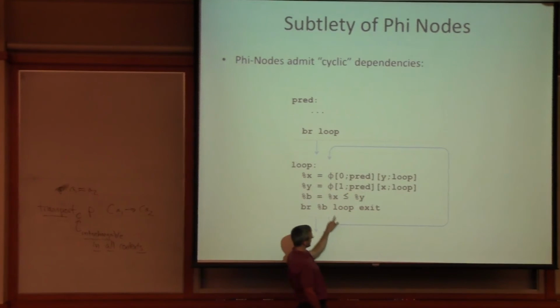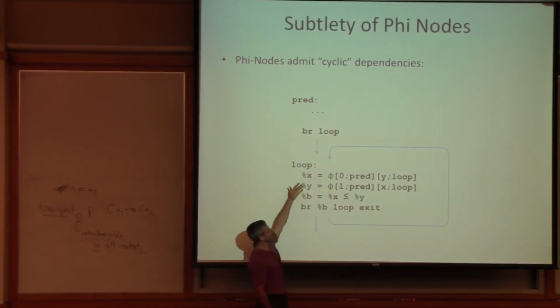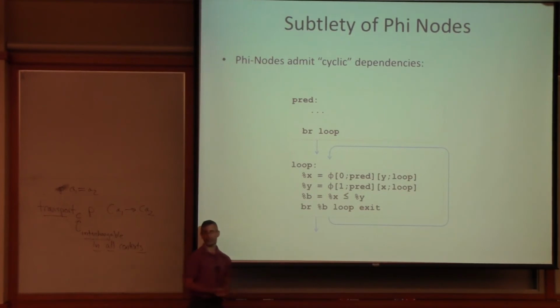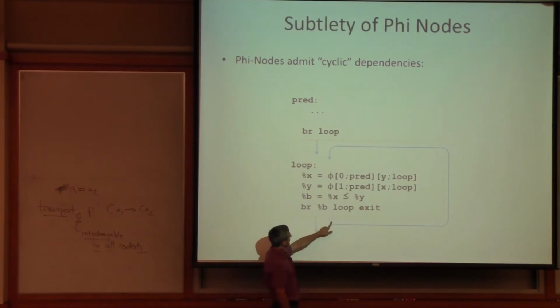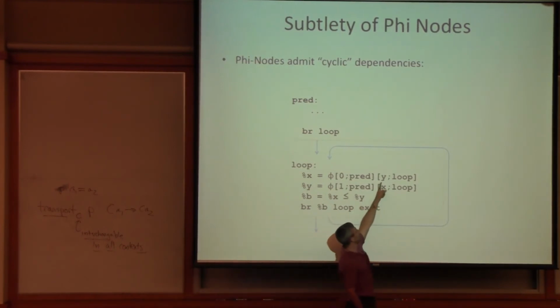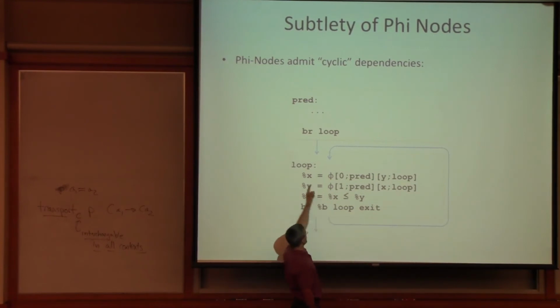We'll branch back to the loop because that condition is true. And then what happens? We're now at the second iteration of this loop. What value does x get? Well, from the loop we assign it y, which in the last iteration was 1.